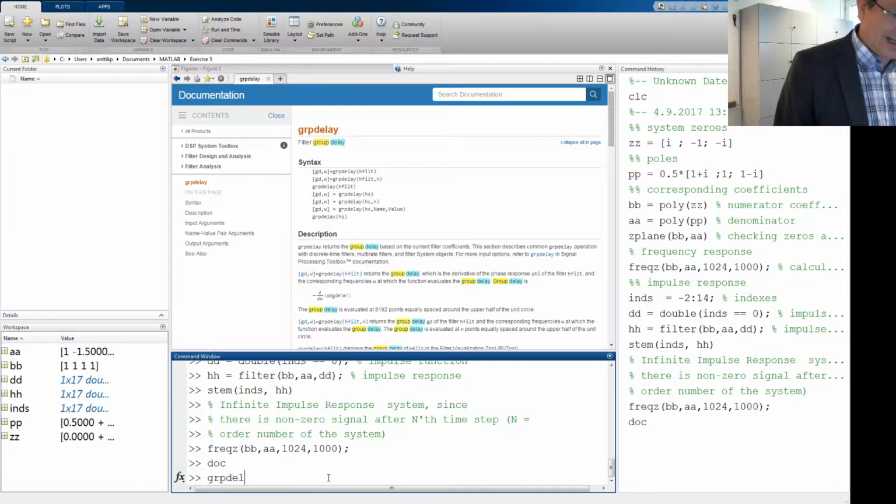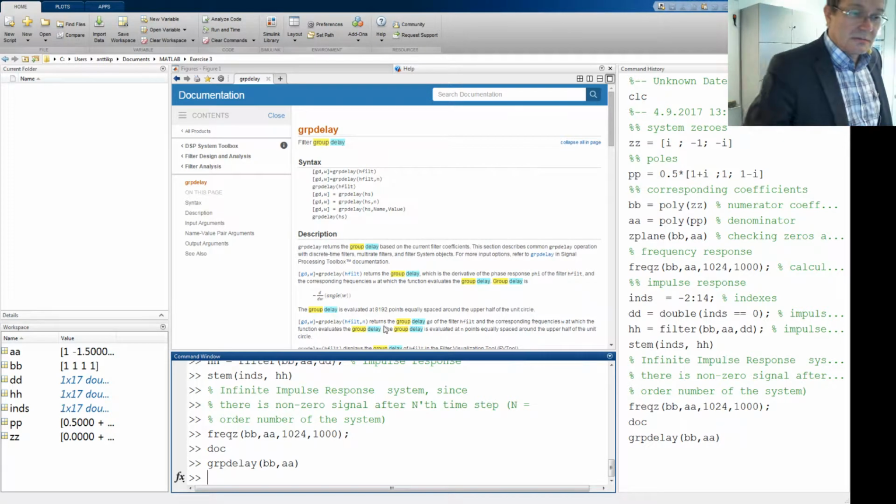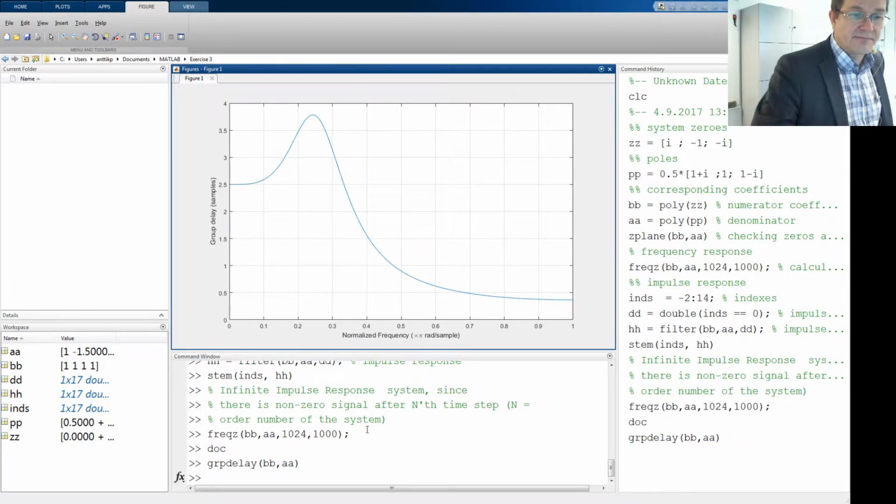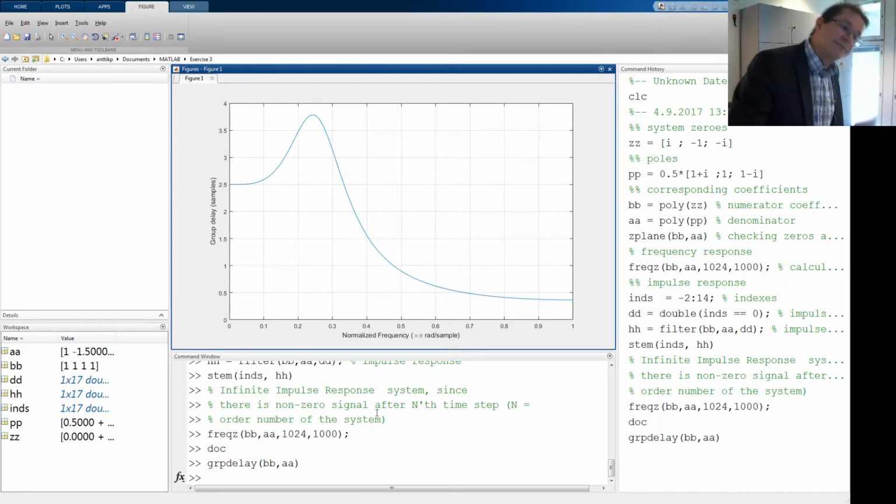Group delay B A. Let's see, does it give anything by that? Yes, that's a group delay.